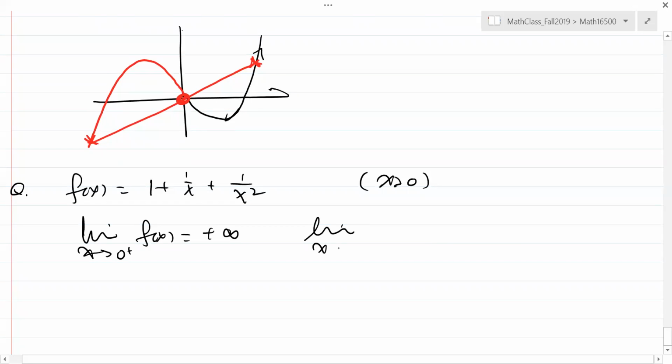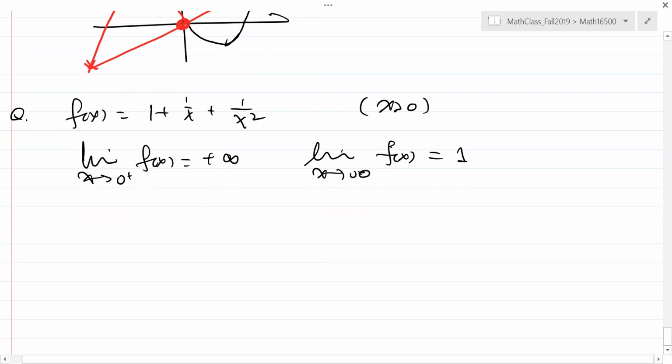We also see that as x goes to infinity, this is going to be 1, right? So I'm not sure we have an absolute minimum value or absolute maximum value.